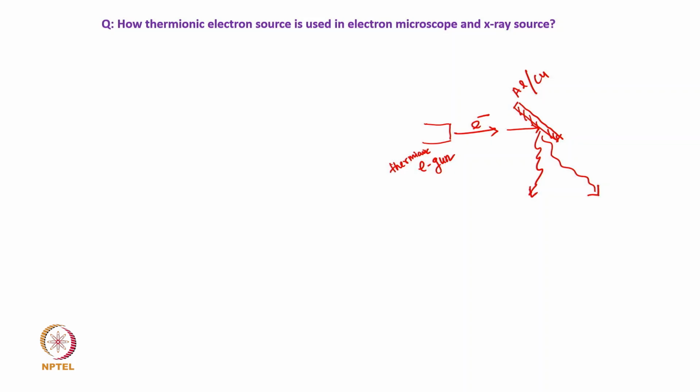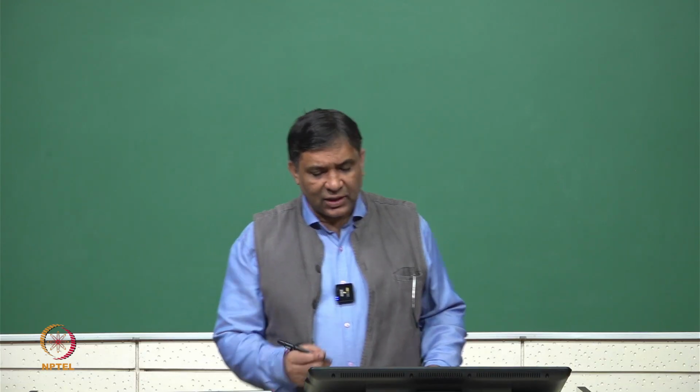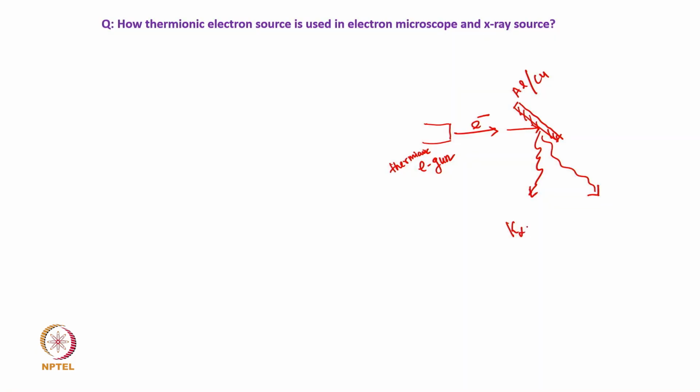We know that the X-rays could be characteristic X-rays. What are characteristic X-rays? When one electron jumps from one energy level to another energy level, it emits a characteristic X-ray. We all know the characteristic X-rays like K alpha, K beta, we are aware of this nomenclature.